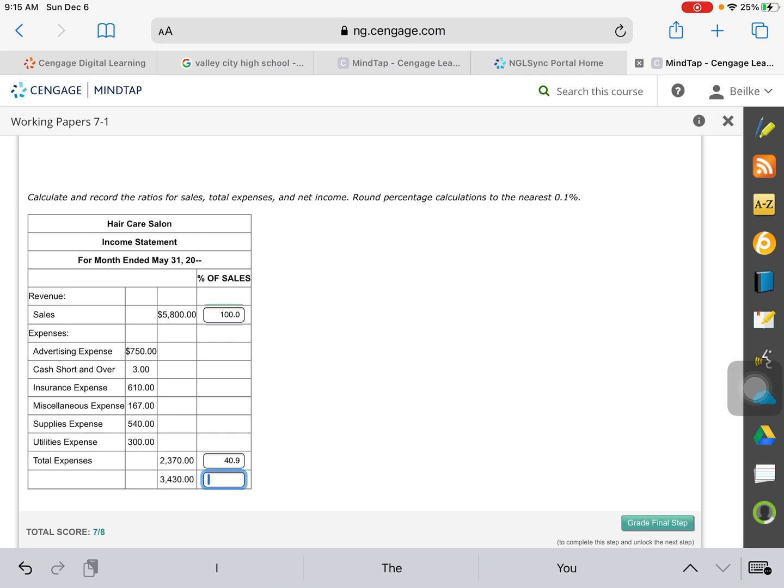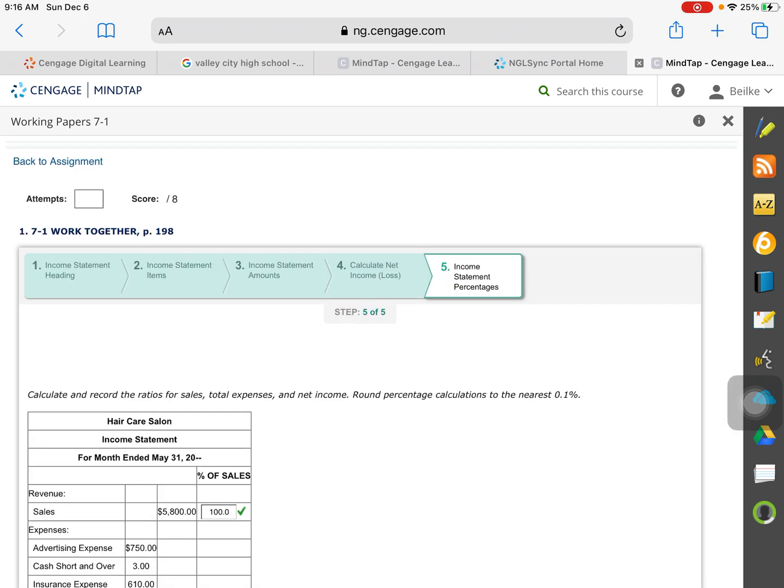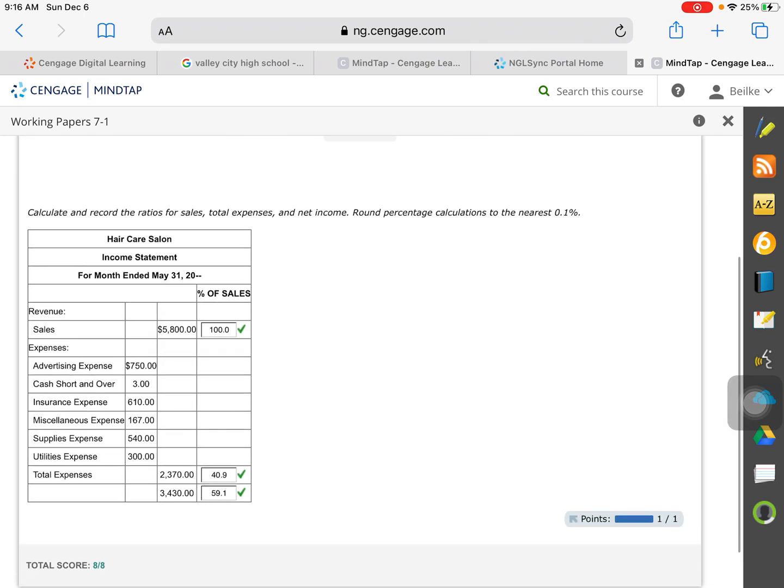So we have $3,430 divided by $5,800, and we come up with 0.59137931, and so that would be 59.1. And you will notice that if you add those two numbers together, they should equal 100%. And that is what your section 5 should look like. Now make sure you go on Canvas and see what your assignment is.